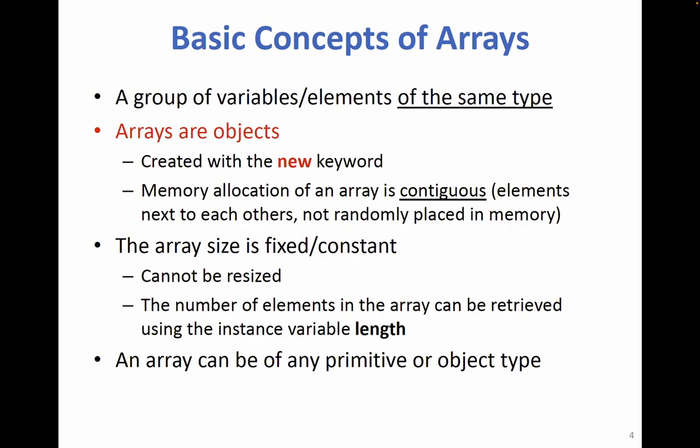And they are objects, which means that we create them like we create the other objects by using the new keyword. So we allocate memory in our memory. And memory allocation of an array is contiguous.